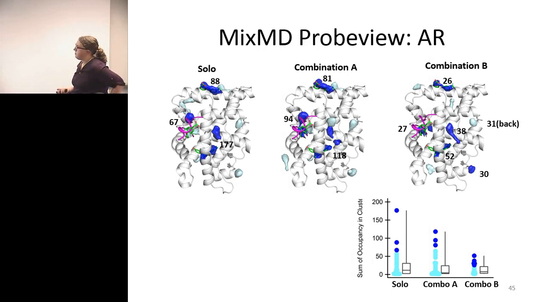We believe this is due to a lower overall number of simulations: you're doing 20 simulations compared to 50 or 60 for the solo simulations, so you have a lesser degree of sampling. Potentially, when running these solvents in combination, you could use some sort of enhanced sampling method or longer simulations to account for that.